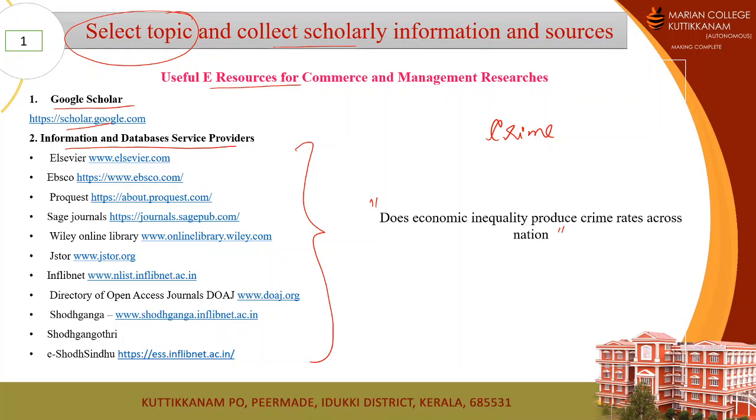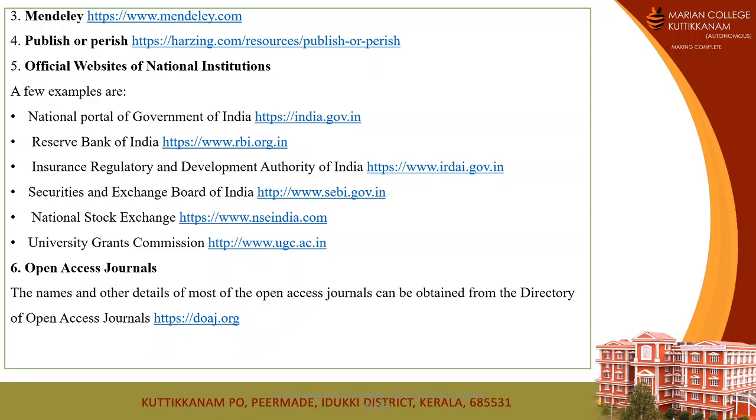You can use any of them for your search for research article. Then next one is Mendeley. This is actually a open source reference management tool, and Mendeley will help the researcher to organize his research resources, or his search for resources effectively.